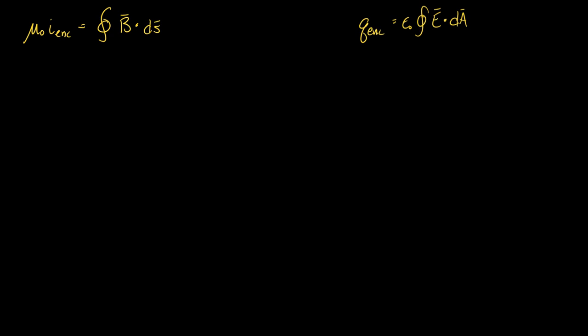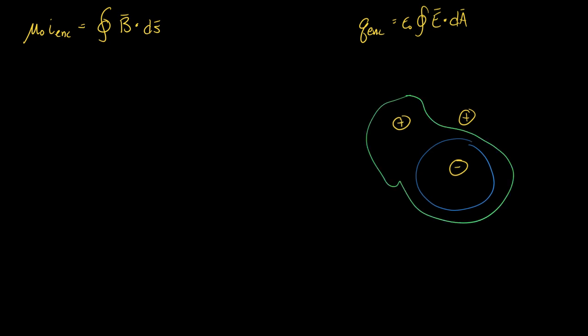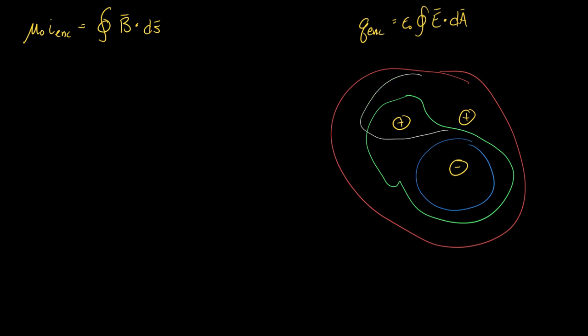So they would ask questions like, what is the flux through this surface? And they would have a couple of charges, say a positive charge here, a negative charge here, a positive charge here, and they'd say, okay, I've got this surface, and this surface, and this surface, and let's get one more, and this surface, and which of these has zero flux?